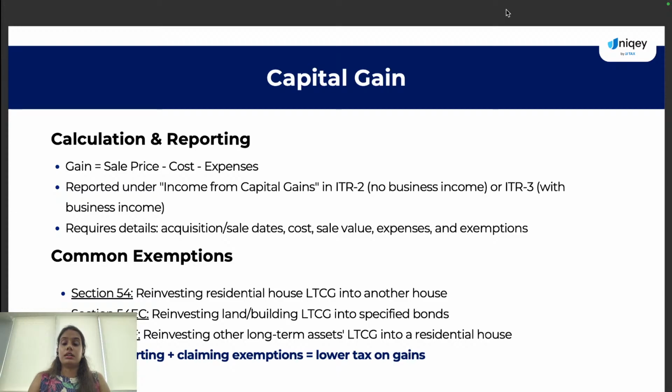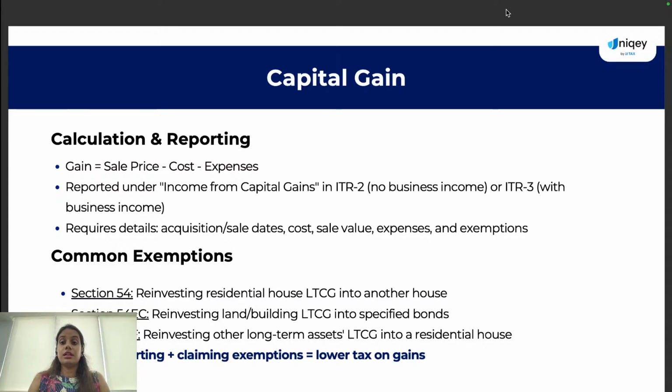Now, here I have mentioned how we can compute our capital gain. Gain is the sale price, less cost, less expenses. And we need to report this gain under the head of income from capital gain, in ITR 2 if you do not have business income, or ITR 3 if you have business income.